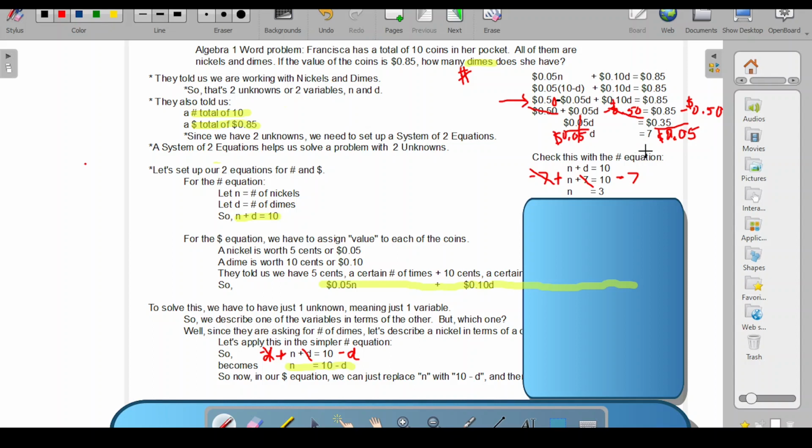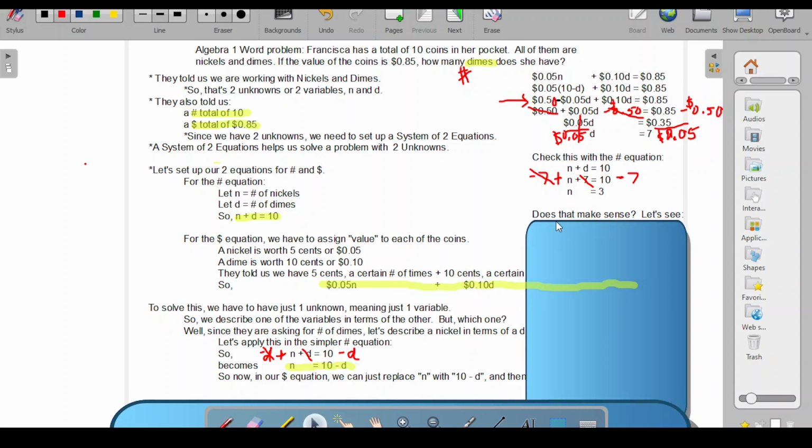Does that add up to 85 cents like they told us down here? Well, let's see. Does that make sense? 3 nickels plus 7 dimes. Does that equal 85 cents? Well, 3 nickels, a nickel is worth 5 cents. See, we got our worth now, so I put my dollar sign in. Plus 7 dimes.